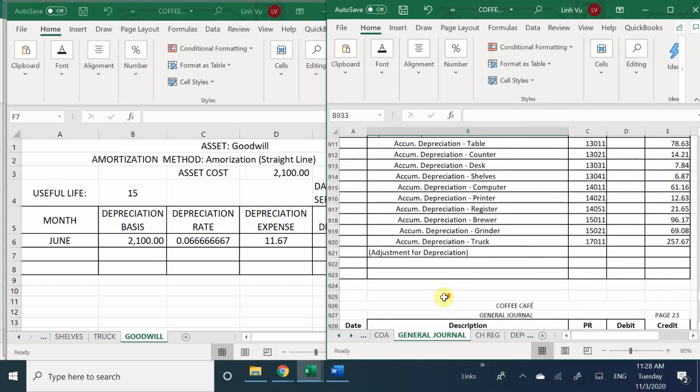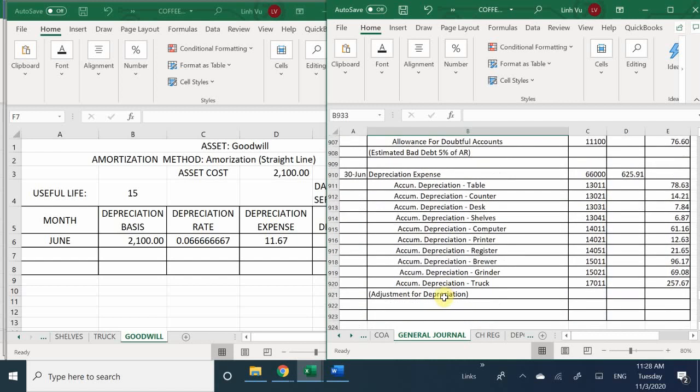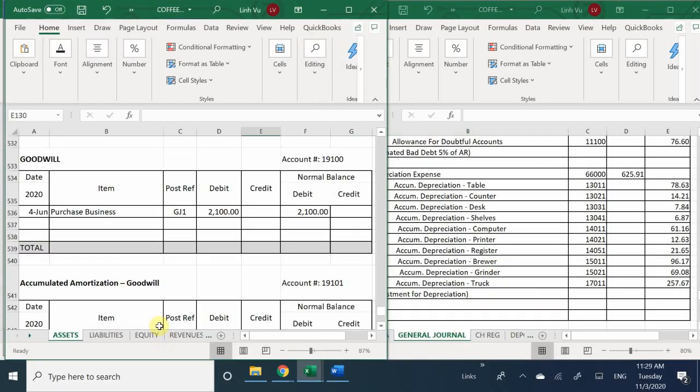Okay, so now I'm going to go all the way back up to my last section, which is the depreciation expense, and go to my ledger and fill them all in.